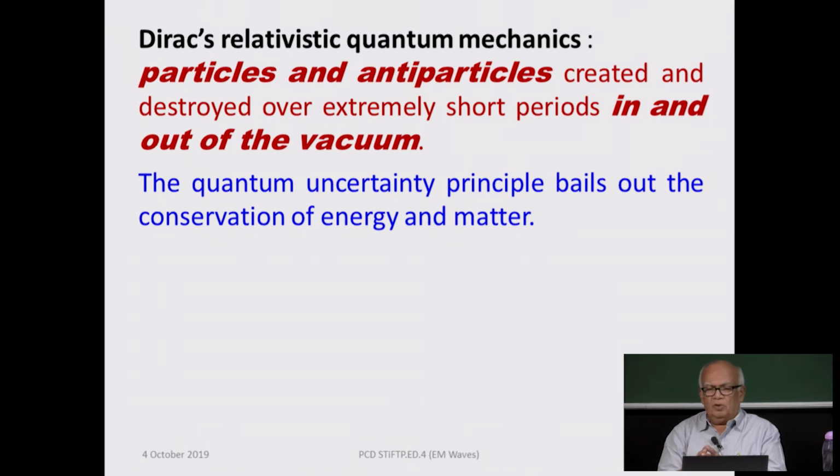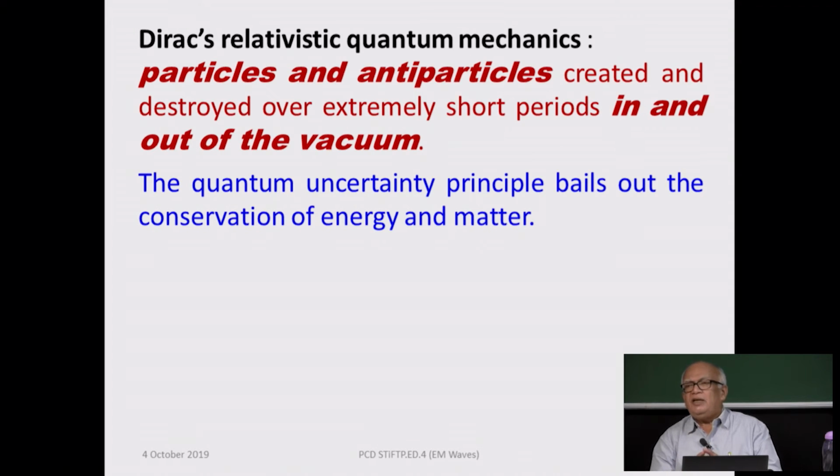And you don't have to worry too much about where the energy is coming from, because quantum mechanics doesn't require you to talk about exact energies, because these processes take place over some time intervals and there is an energy time uncertainty. So you really don't have to worry about it. That is how nature needs to be described.